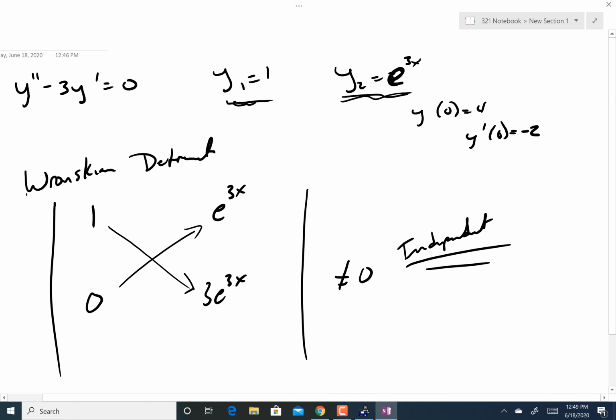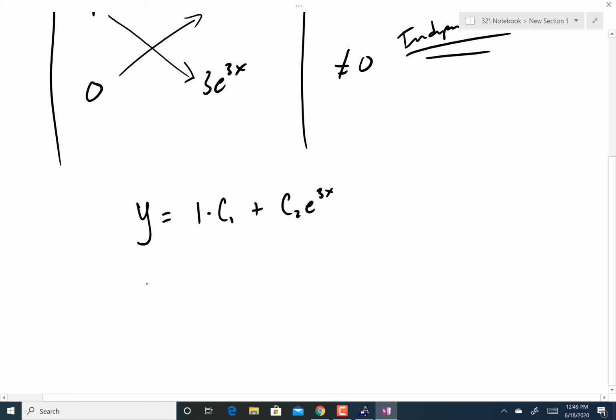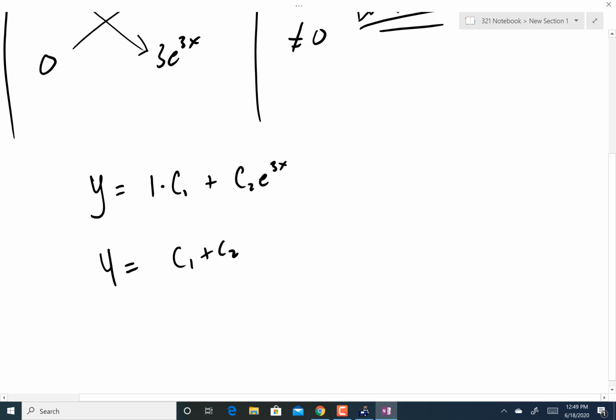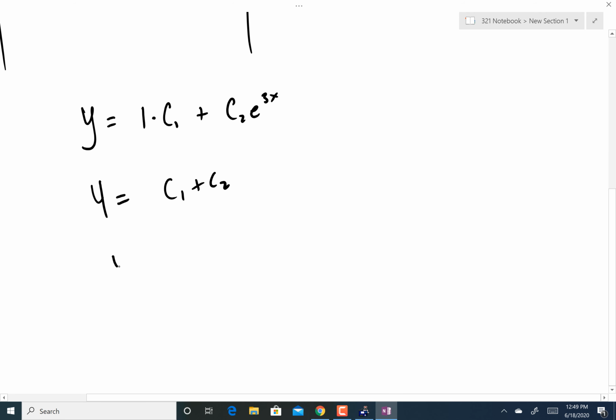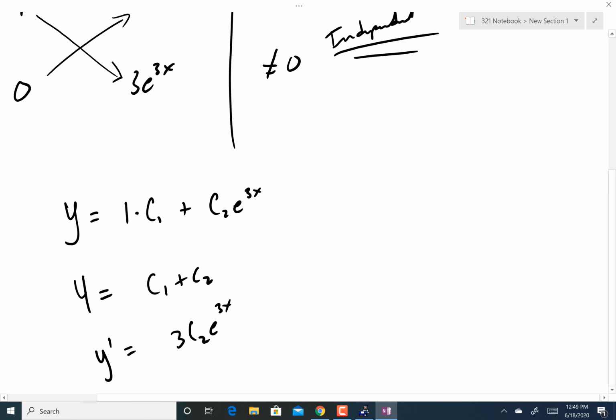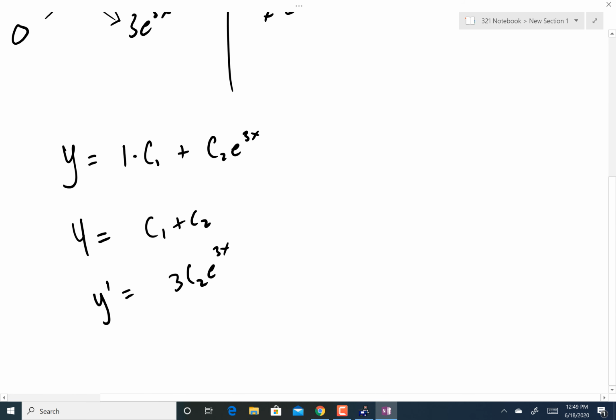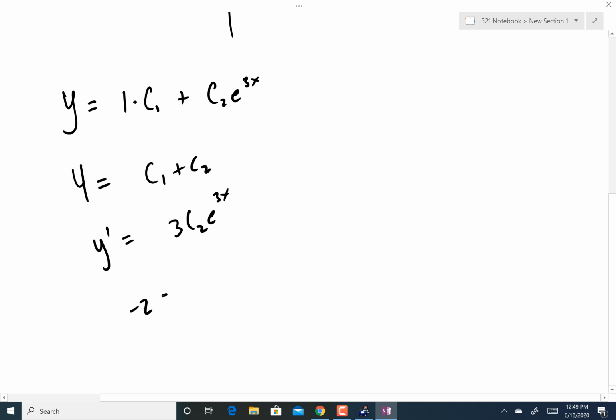And then it's simply a matter of plugging in your values. So at 0, we get a 4. Well, yeah, at 0, this goes away, so you get c1 plus c2. And then the derivative is equal to negative 2. Well, the derivative is going to be y prime equals, the derivative of c1 just goes away, and then you're going to get 3c2 e to the 3x. And at 0, it's equal to negative 2.